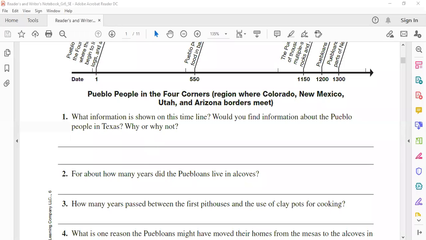So we will write right here. Let me write it for you.